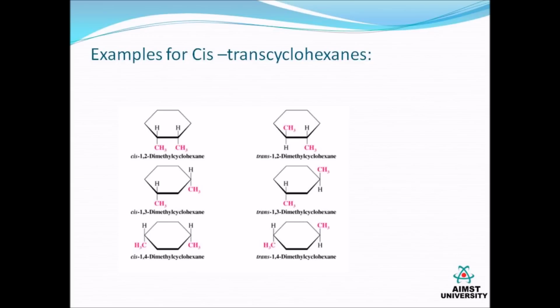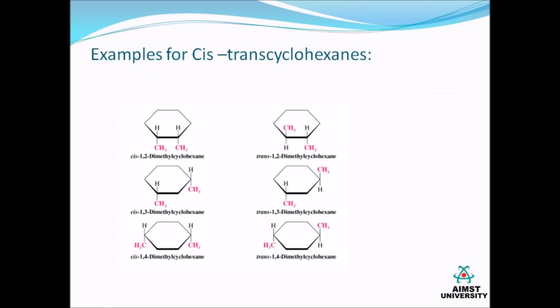The following structure, trans-1,3-dimethyl cyclohexane, has two methyl groups on opposite sides.